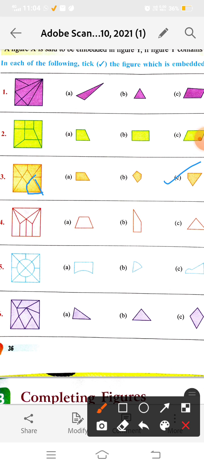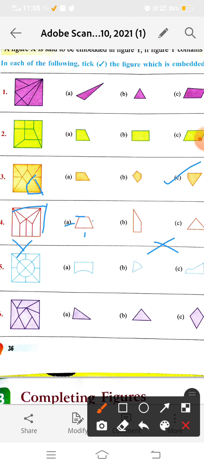Now question 4. See which part is our right answer, which figure can be fixed in the Y figure. This is our Y figure and this comes in the X figure. Let's see here. We have this shape with 1 2 3 4, two sides. No, we don't have this side shape in this figure.